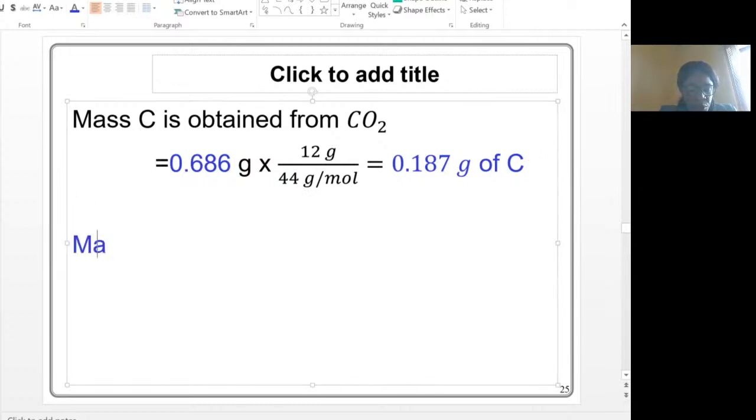So mass of hydrogen is obtained from water.